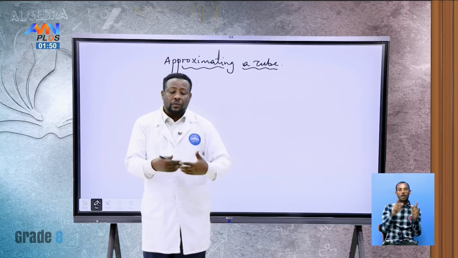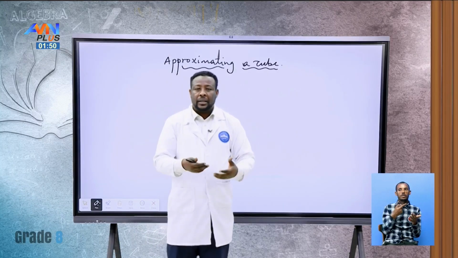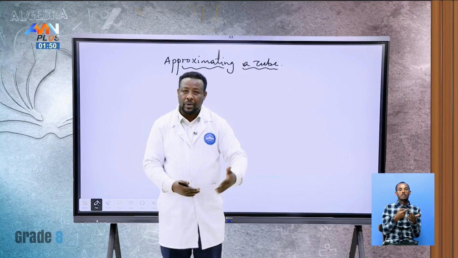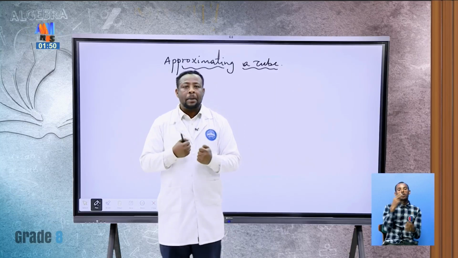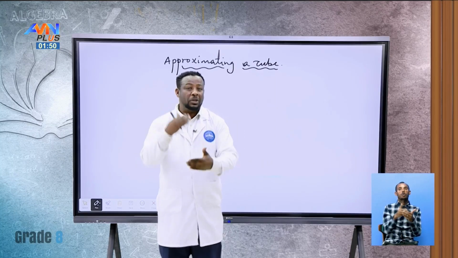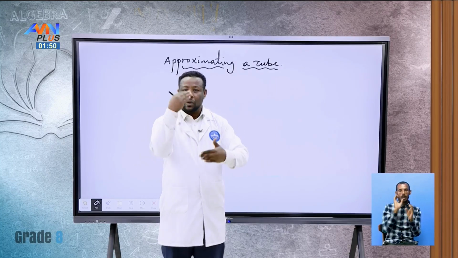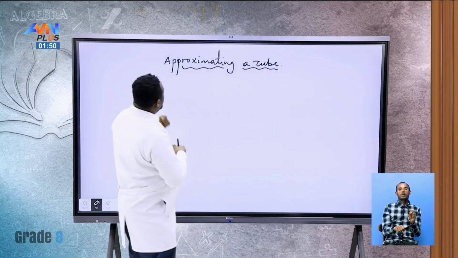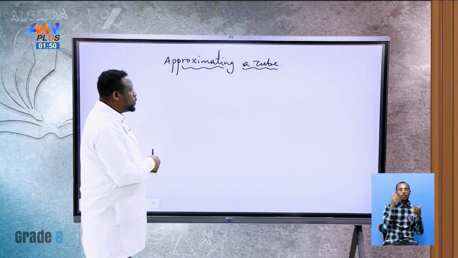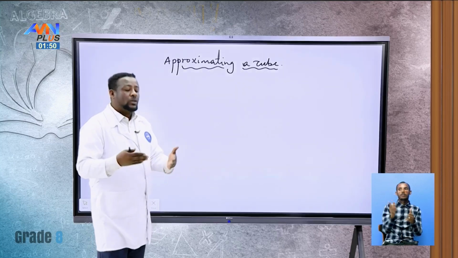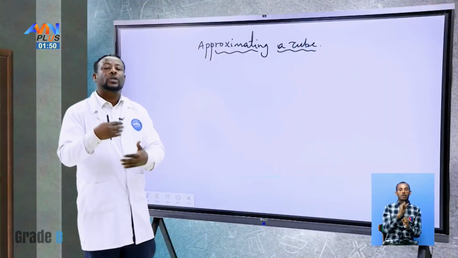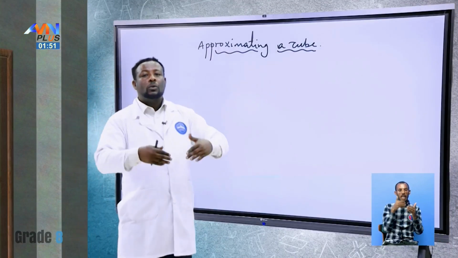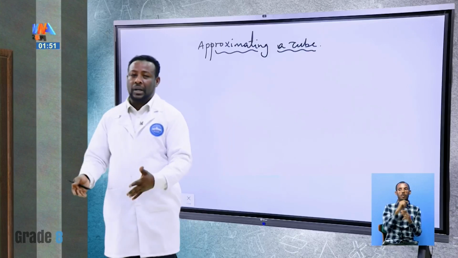Because of the rigorous steps, we can use approximations to minimize the calculations or steps required. So when we come to approximating a cube, the first thing we do is round the number to the nearest integer, then we keep working on cubing, right?